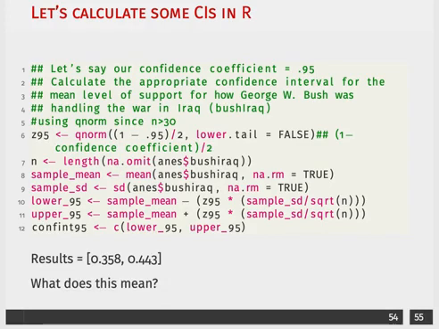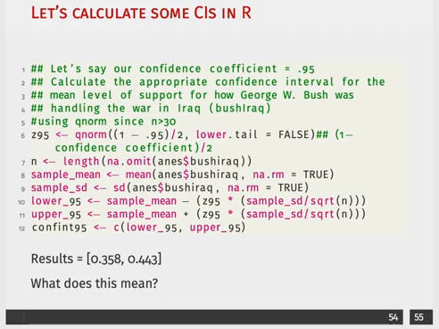Now, although this is nice and we can come up with the bounds, the most important part of this class is going to be interpretation. So what does this exactly mean? This means that with repeated sampling, we believe our parameter of interest would likely fall within these bounds.